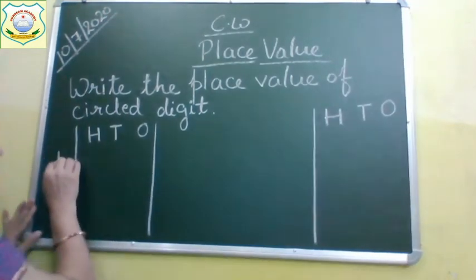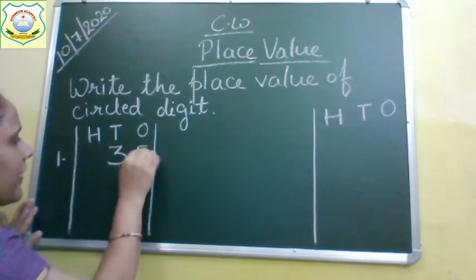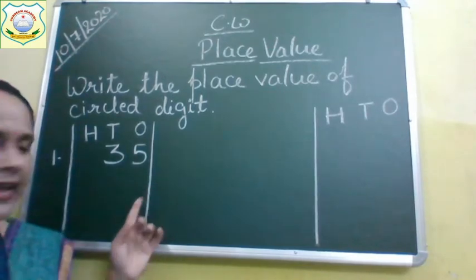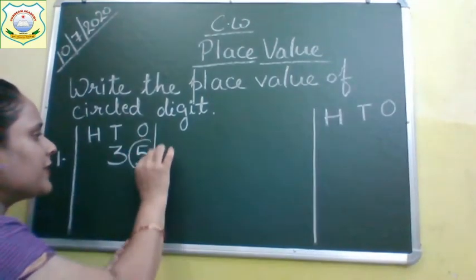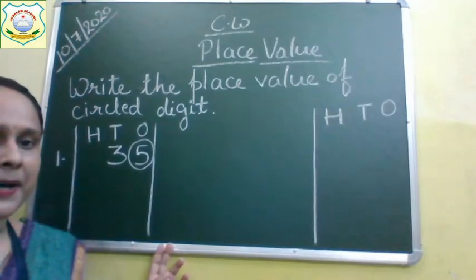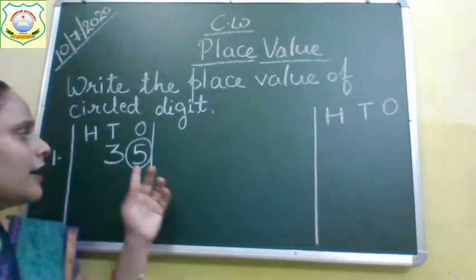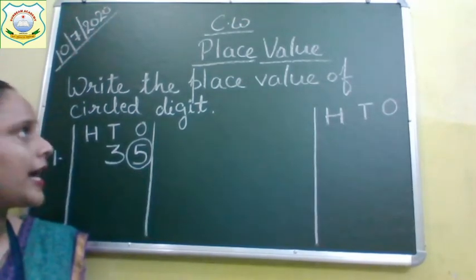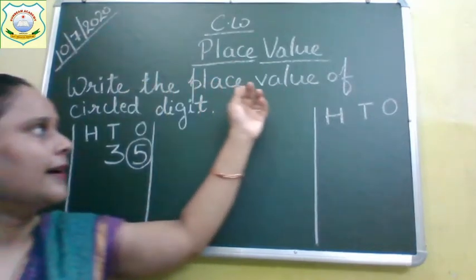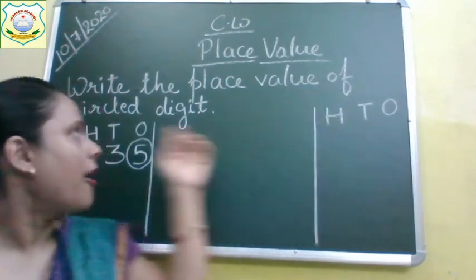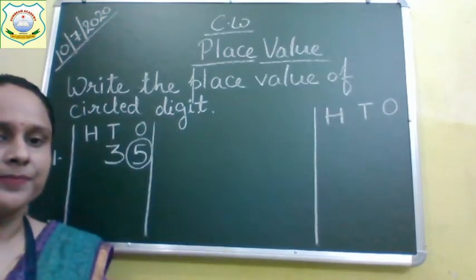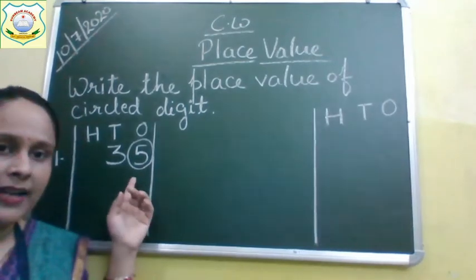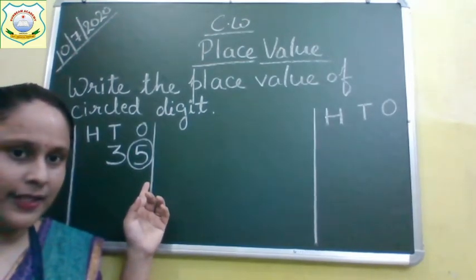Now see the first question, everyone. Your first question is 35, where 5 is the circle number. Which is the circle number? 5 is the circle number. And what we have to write? We have to write the place value of circle digit. Okay, so we will write 35. 5 is the circle number.